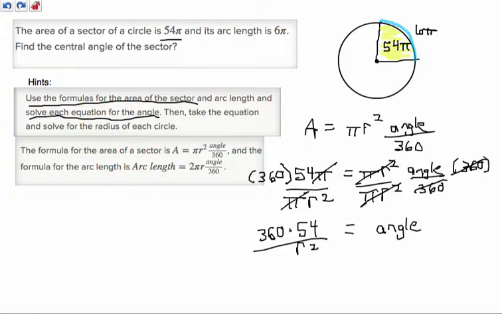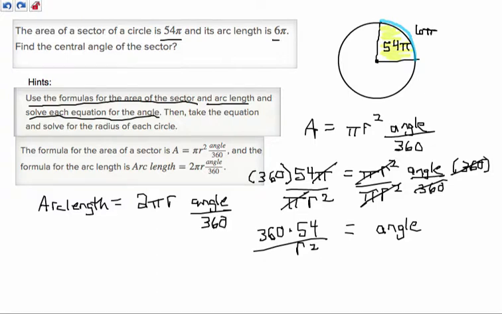So next we're going to use the formula for arc length and solve for the angle. So the formula for arc length is arc length equals 2 pi r times the angle over 360.